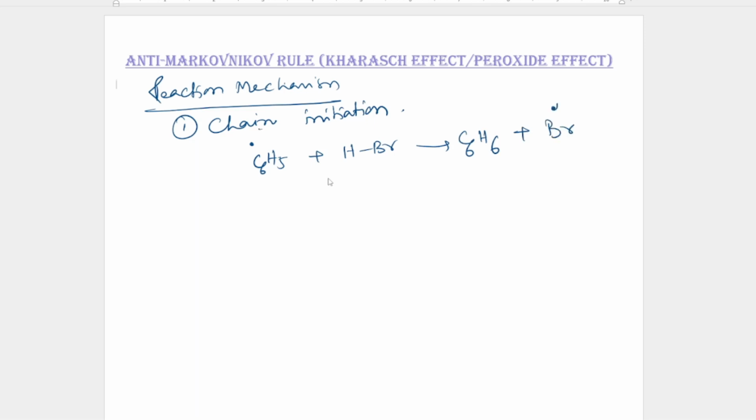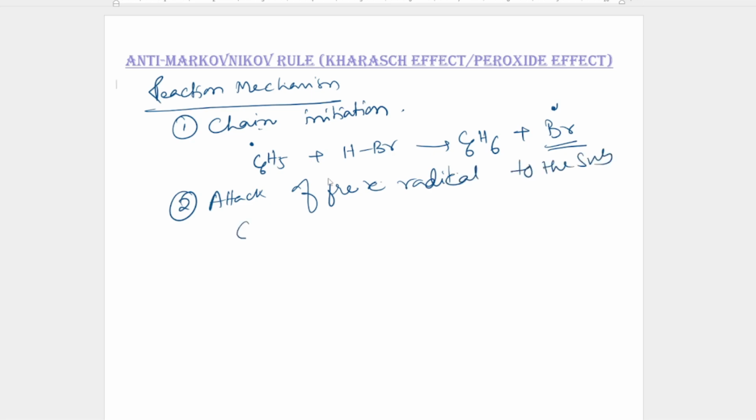So that is generation of free radical. Second is attack of free radical to the substrate. So that is called the chain propagation step.